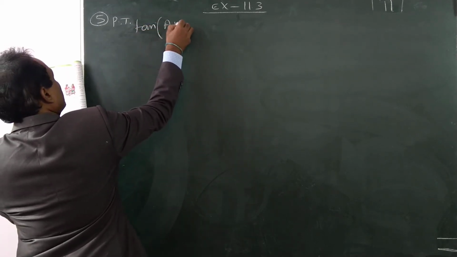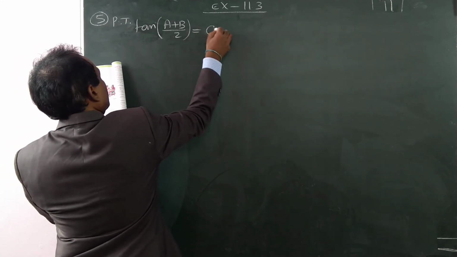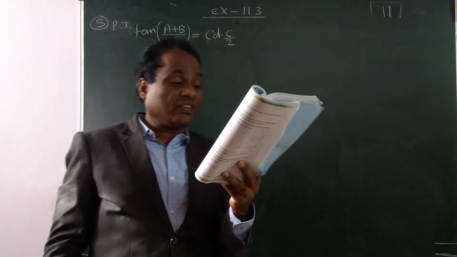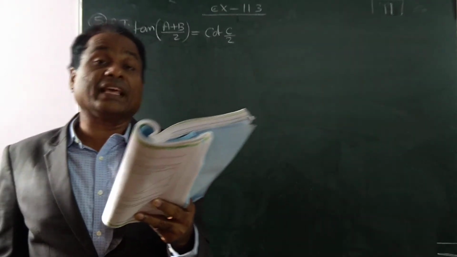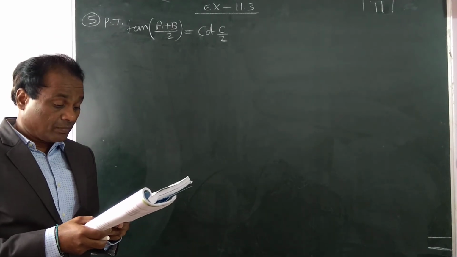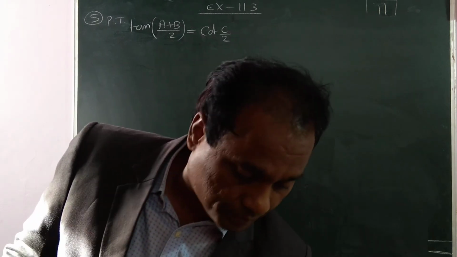Prove that A, B and C are interior angles of a triangle ABC. Then show that tan of A plus B by 2 is equal to cot C by 2.